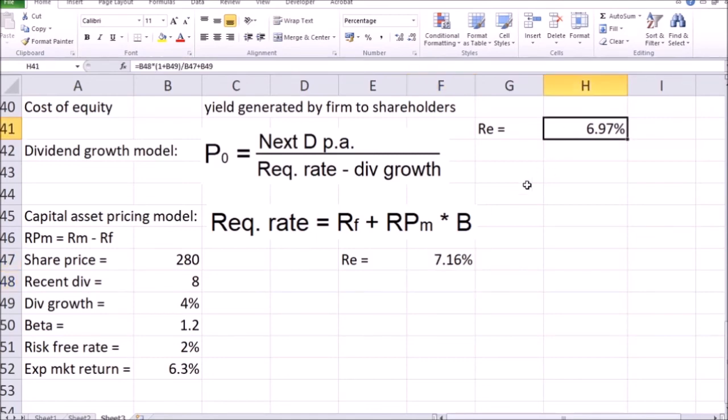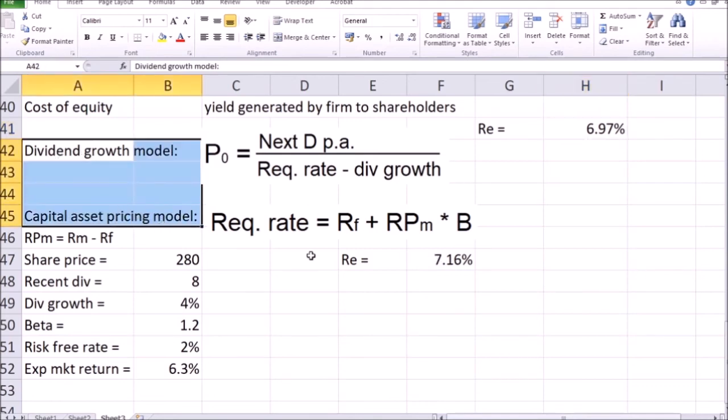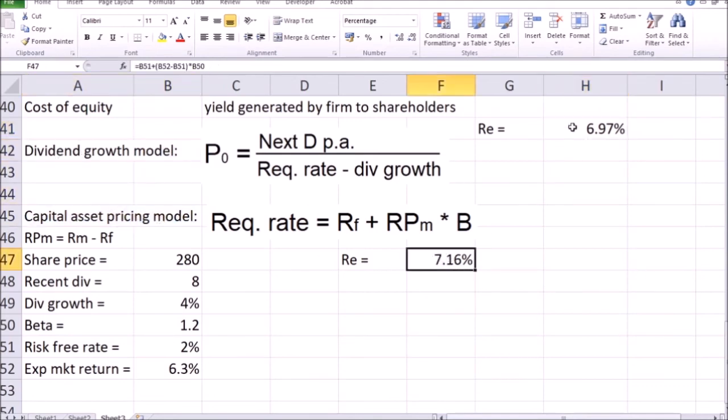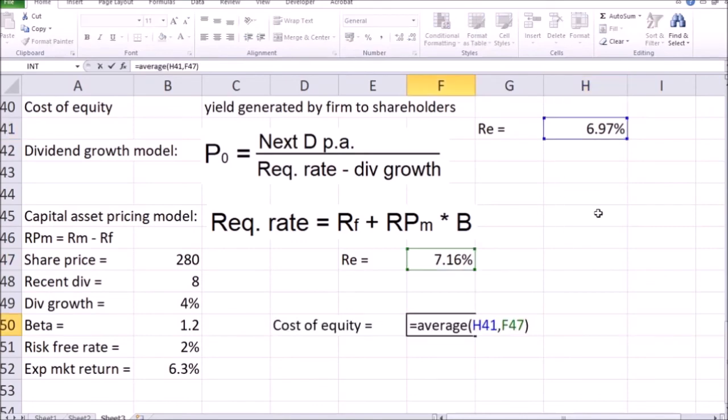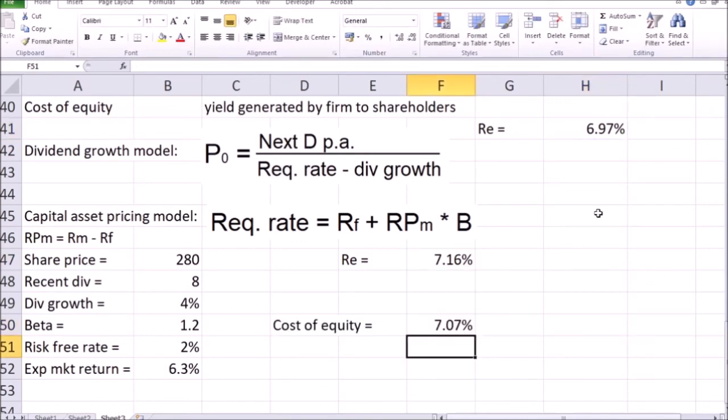That is somewhat different from the calculations based on the dividend growth model, which is quite normal. Different models might give us different results as long as they don't differ wildly. So what we could do here is just take a simple average of these two numbers, and we get 7.07% as the cost of equity.